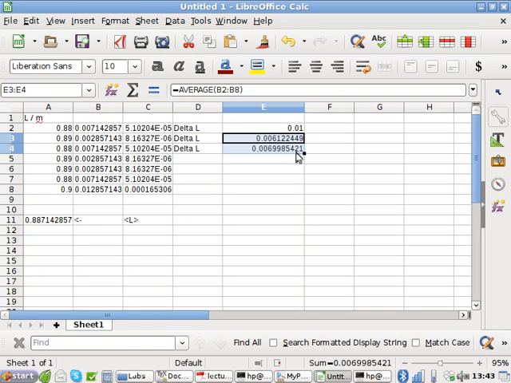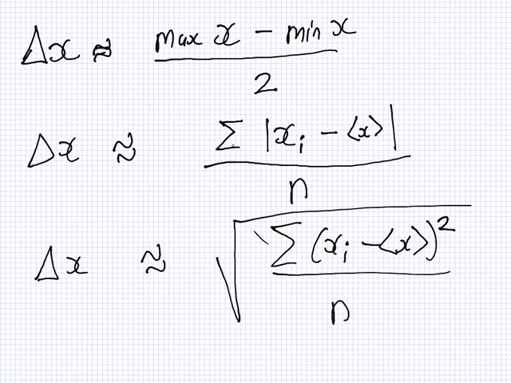Now, they're hardly different, those two. 0.0061, 0.0069. Okay. These are the three formulas you have to calculate them. So this is the one I expect students to use. This one here is too easy.